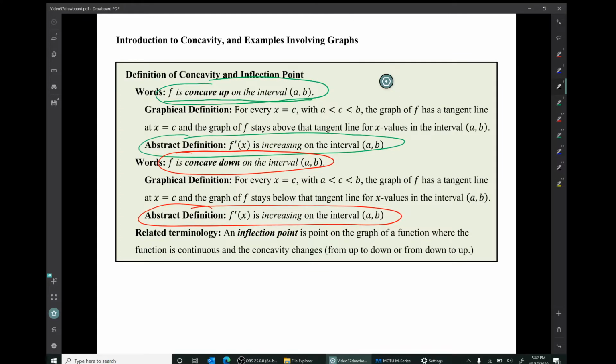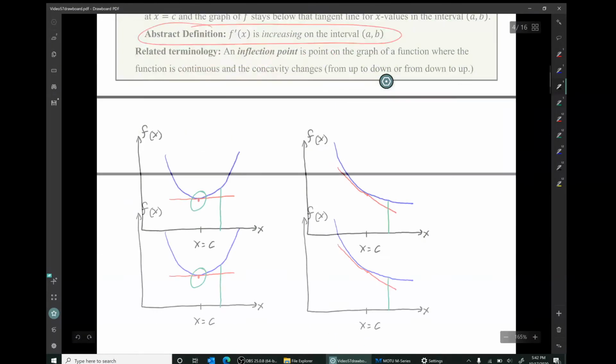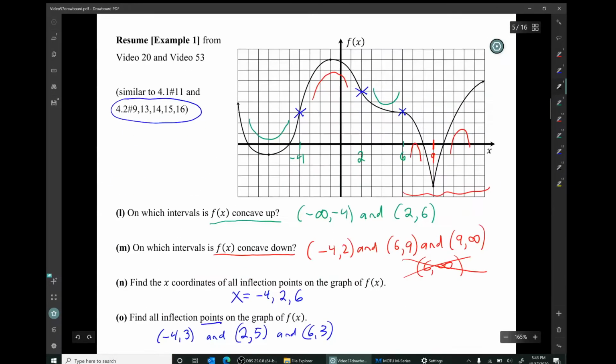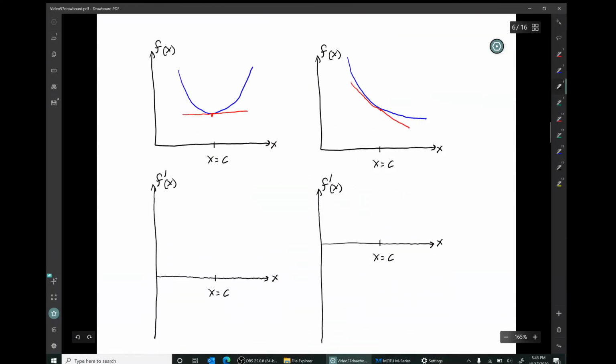Let's think about these abstract definitions while looking at graphs like we considered before, the hand-drawn graphs. So these graphs. I've made copies of these down below. So there are those two functions we considered before that are both concave up. Now let's think about what their derivatives would look like. So to do that, we'll think about more tangent lines on these graphs.